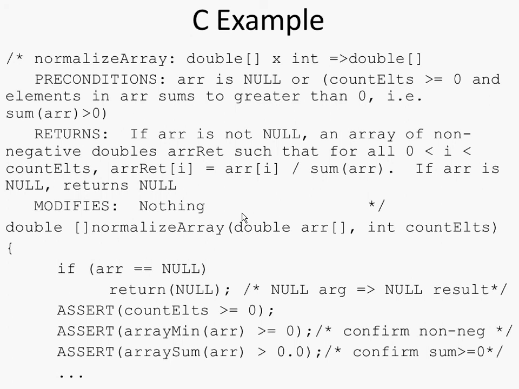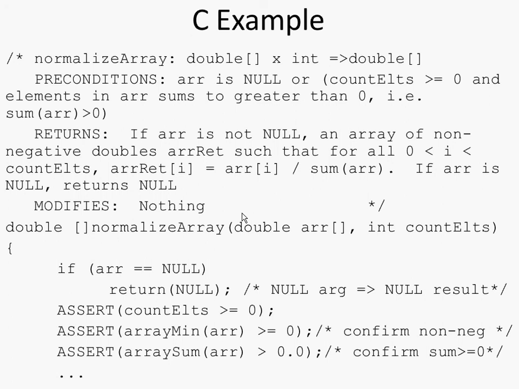Okay, that's great. What can we check here as far as assertions? Well, one thing we can check is, first of all, if the array is null, we return null. If the array is not null, then we know the number of elements has to be greater than or equal to 0. That's one of the arguments here. People can't say, oh, you have minus 3 elements in my array. We're going to assert that the minimum element of the array is greater than or equal to 0, which is one of the constraints here.